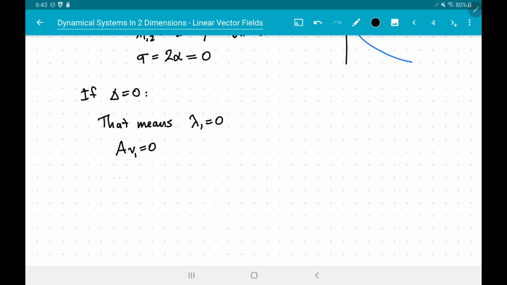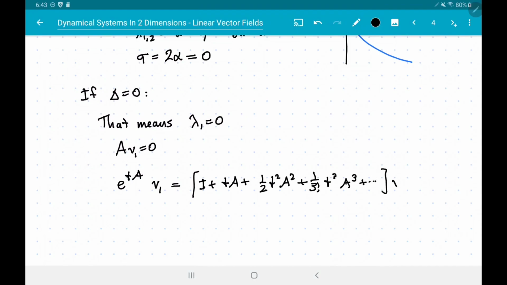And if you do e to the tA times V1, well, when you write this out, you're going to get I plus tA plus 1/2 t squared A squared plus 1 over 3 factorial t cubed A cubed, times V1.